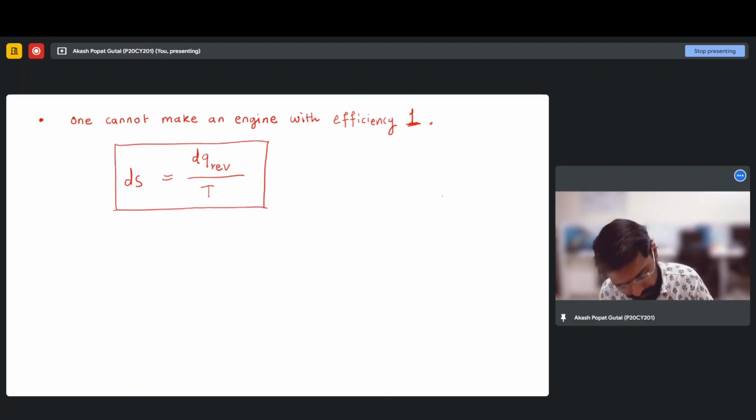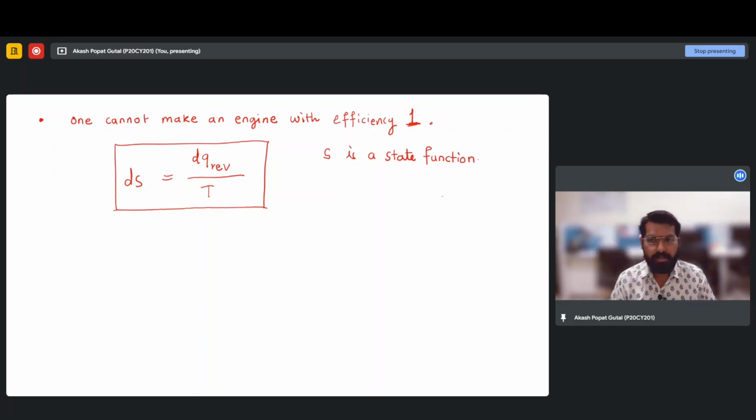And we know that entropy is a state function. So entropy is a thermodynamic state function.